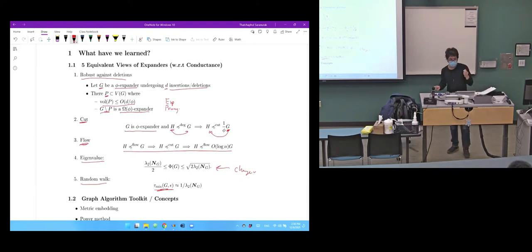You ask how many steps you take before the distribution is close to the stationary distribution, and that is called mixing time. Mixing time is closely related, up to a log factor, to the second eigenvalue. It's just the inverse of that. So in the exam you should at least see why all this is true.